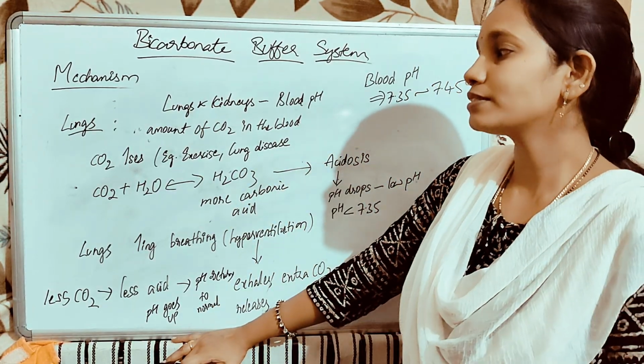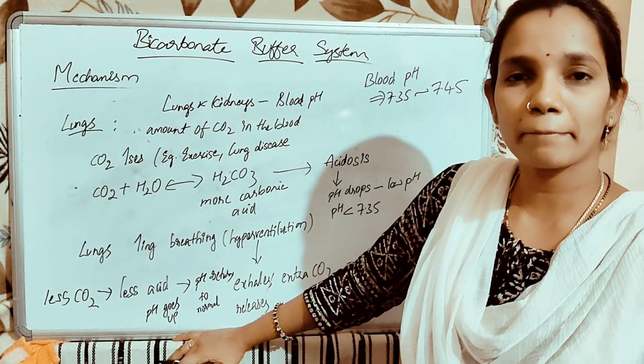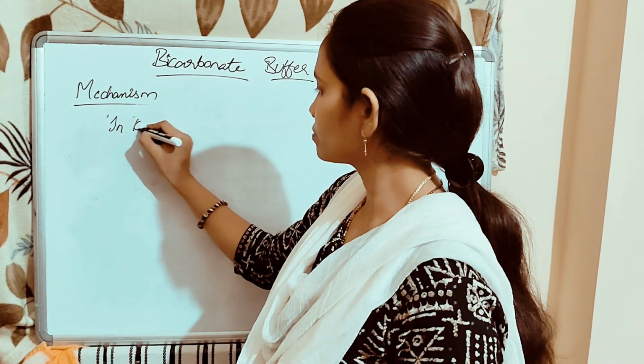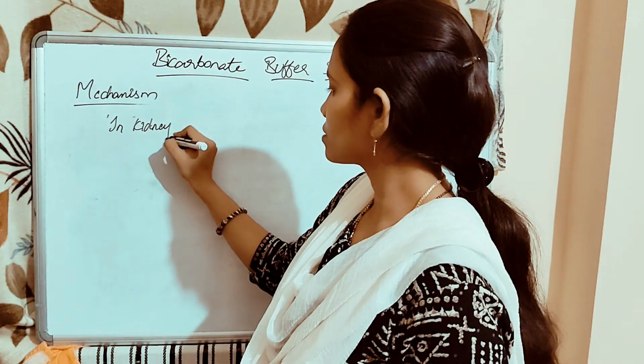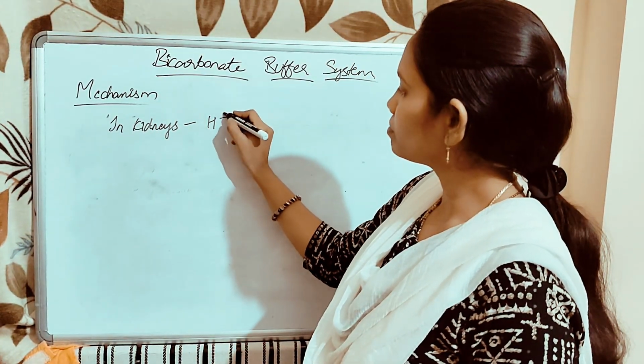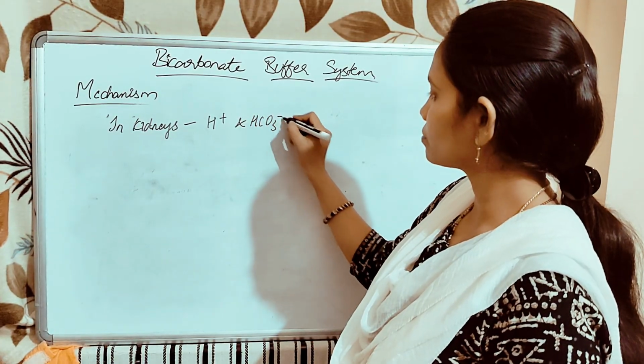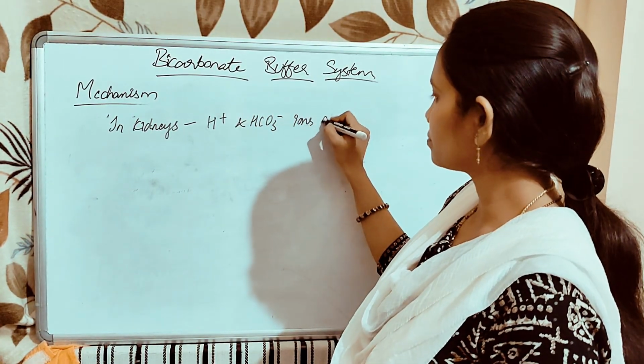Like this they act quickly, within minutes. Now let's see in kidneys. They control both hydrogen ions and bicarbonate ions directly.